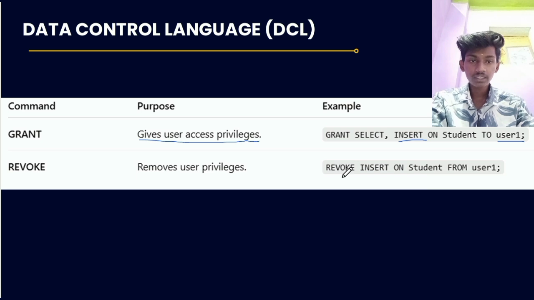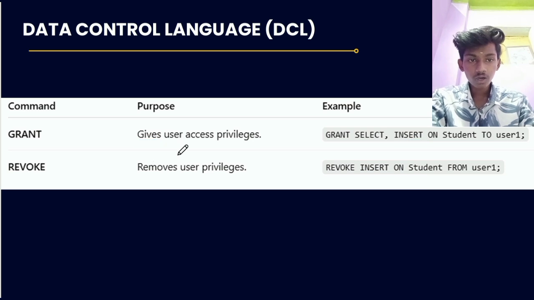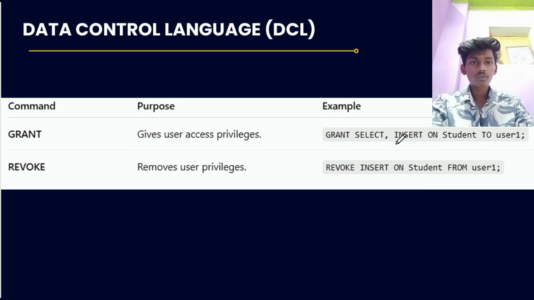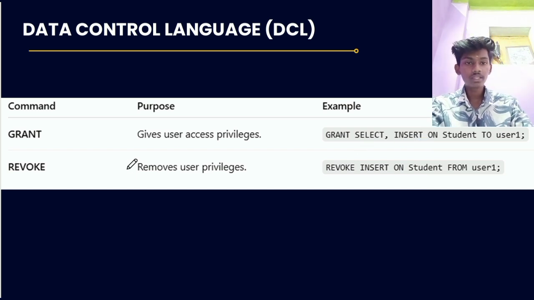For example, grant select, insert on students to user 1. This means user 1 can only insert and select on students. They are not able to perform other operations, they cannot delete.